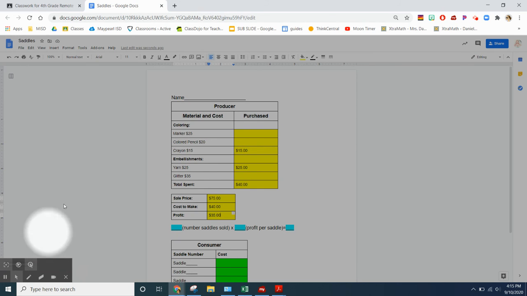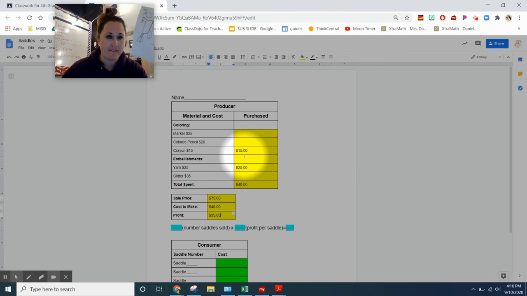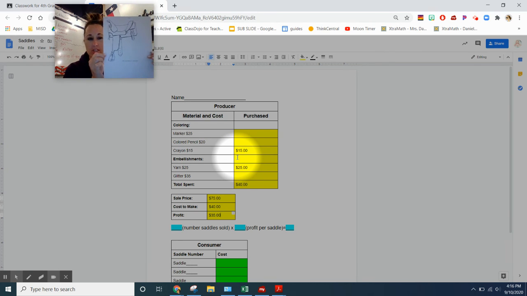Okay. So again, all you're doing today is you're deciding your materials that you're going to use. They don't have to be the same as mine, but you cannot spend more than $50. Then you're going to create, color, glue, yarn, whatever on your saddle. Write your sale price right here.